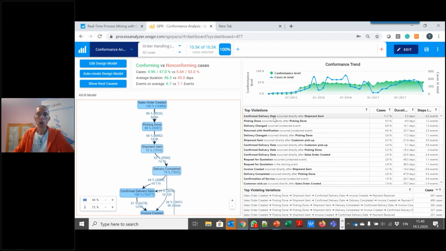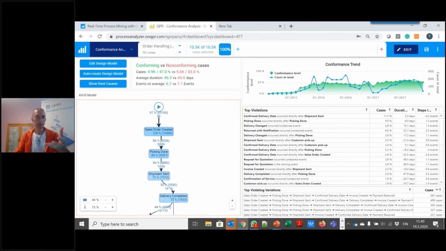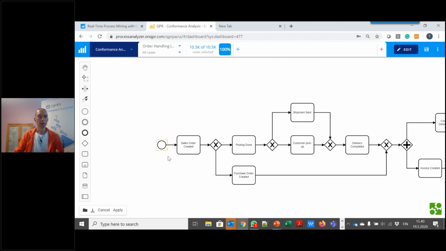And now here the system will take every case separately, and it will start to execute the case within this diagram. So if the first activity is not sales order created, then it automatically fails, and that is then the reason for non-conformance. If you can go through this, then the system expects you to get either picking done or purchase order created.